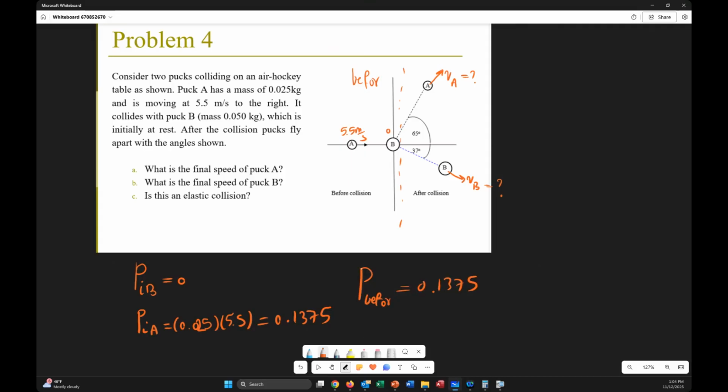So momentum before in x-axis is this. Momentum before in y-axis is 0. Good. Why? Because after collision there is two-dimensional motion, yes?